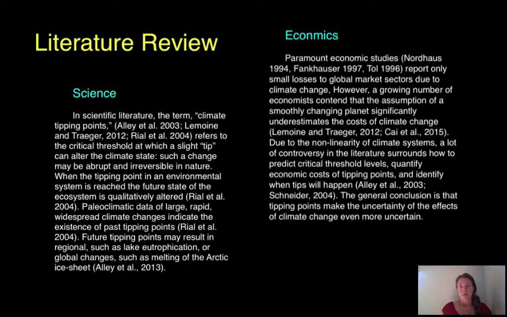Paramount economic studies for the valuation of the economic costs of climate change include Nordhaus and Fankhauser and Tol. These studies report only small losses to the GDP. However, a growing number of more recent studies are questioning these estimates of the costs of climate change by citing the nonlinearity of Earth systems.